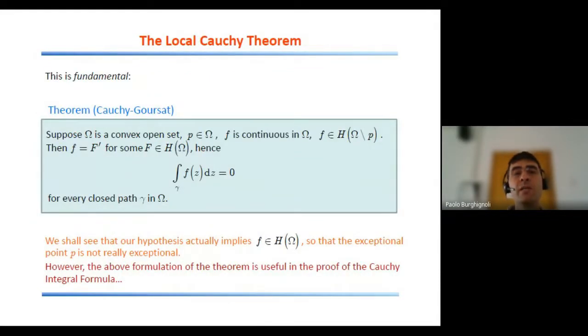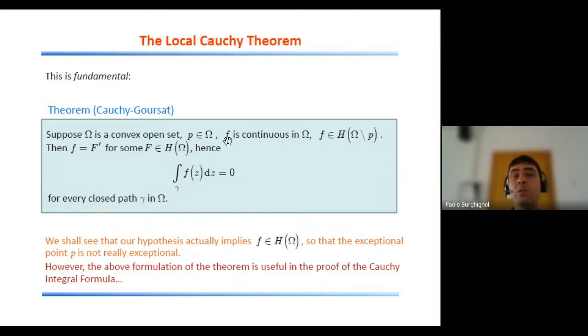To be precise, the formulation made by Cauchy was based on the assumption that the function f is analytic. However, Cauchy assumed in addition to that the first derivatives were continuous. In that case, it's very easy to show that the theorem is true based on the Green formulas in the plane.